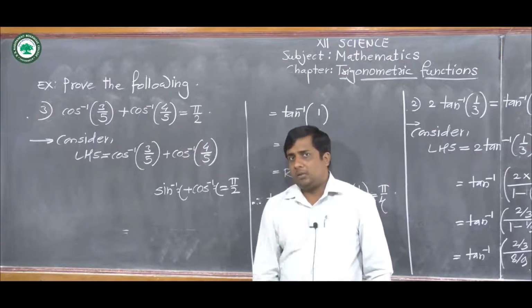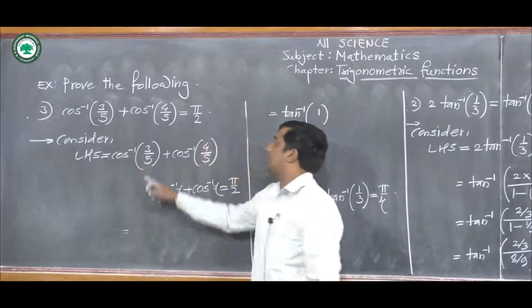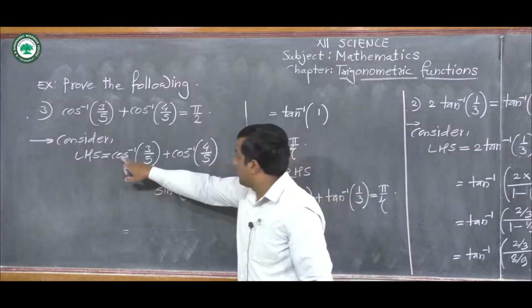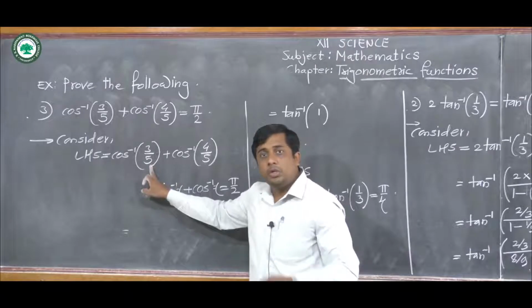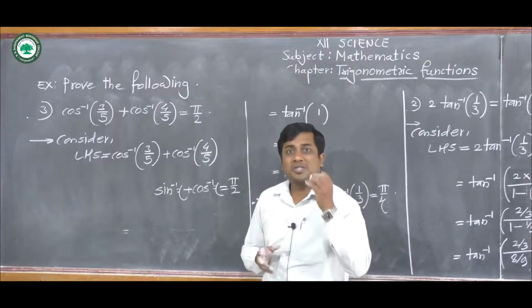Okay, so here we have to make one change. We have to convert this cos inverse of 3 by 5 into the form of sine inverse.